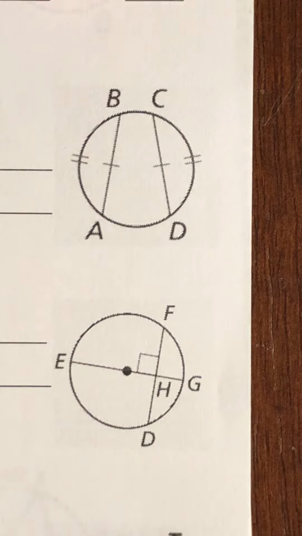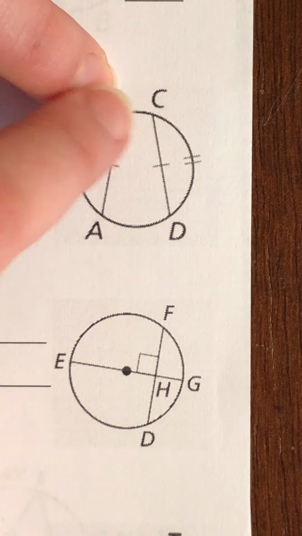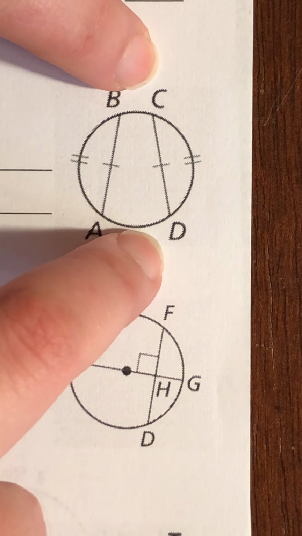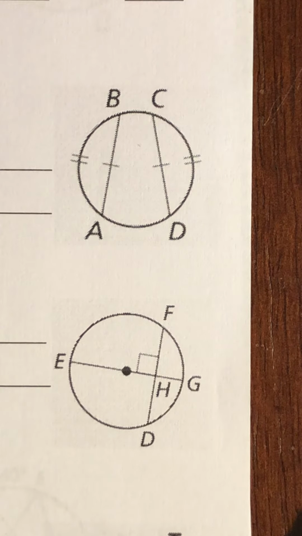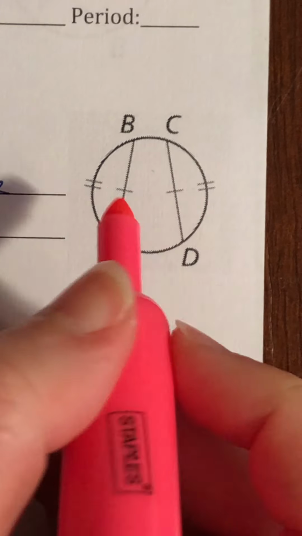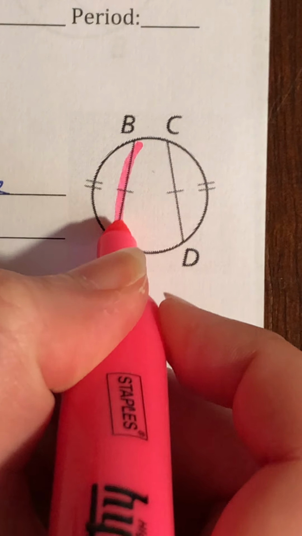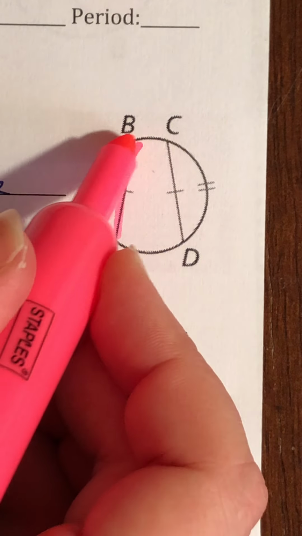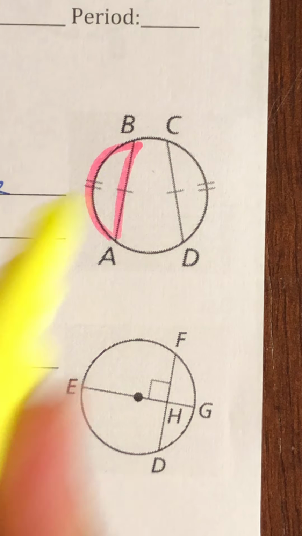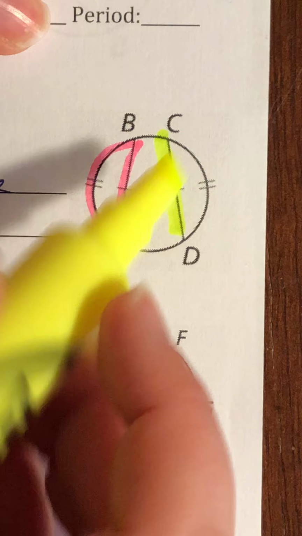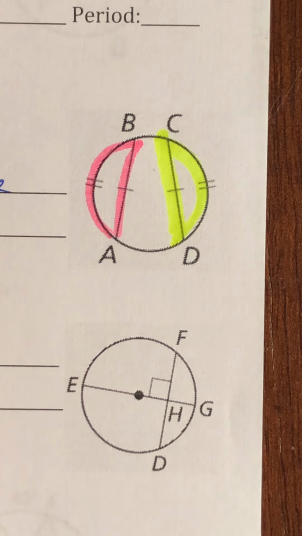So here I have these two congruent chords, AB and CD. They're congruent, they're the same length. And the corresponding arc is the one it creates, the minor one it creates. So here I have AB, that's the corresponding arc, and segment CD creates arc CD.